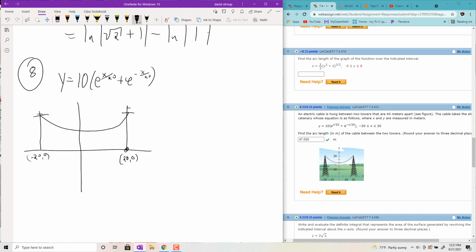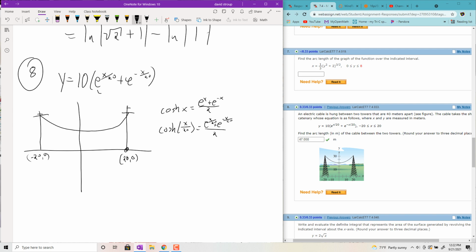So I'm going to use the arc length formula. First, I'm going to recall that cosh of x is equal to e to the x plus e to the negative x over 2. So cosh of x over 20 is e to the x over 20 plus e to the negative x over 20 over 2.